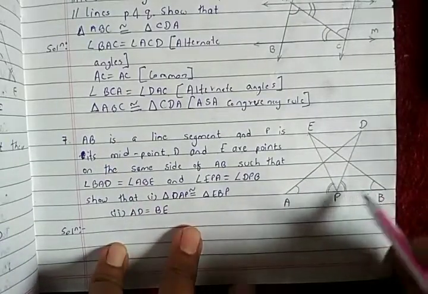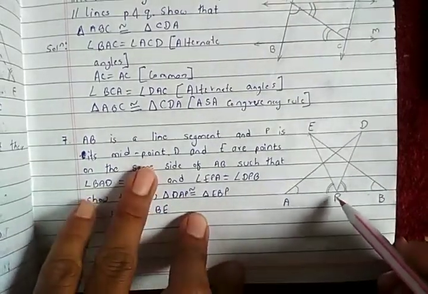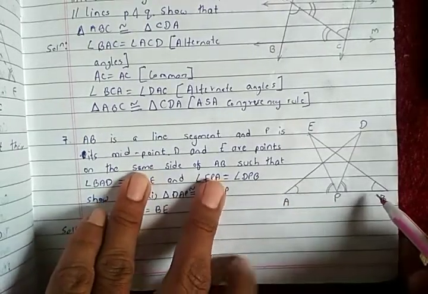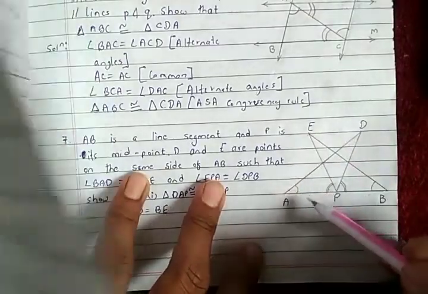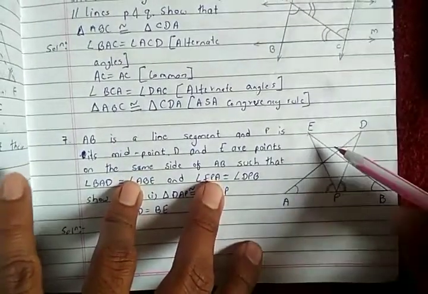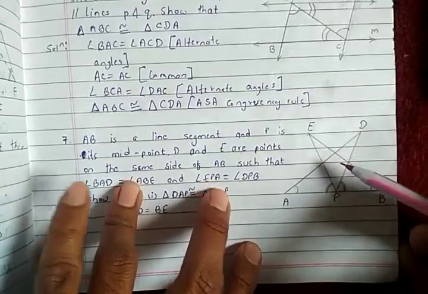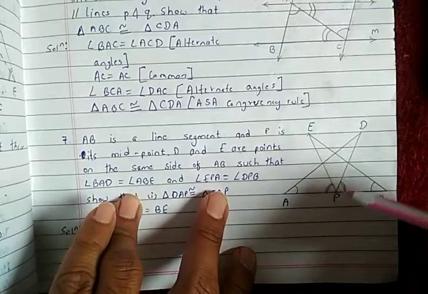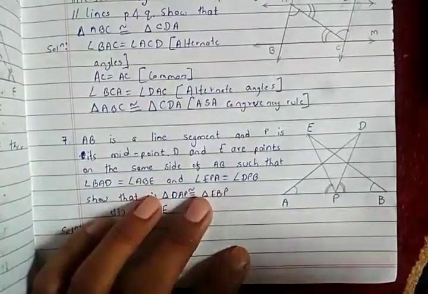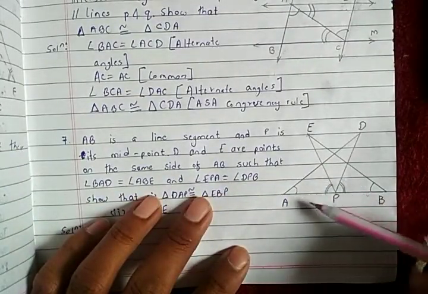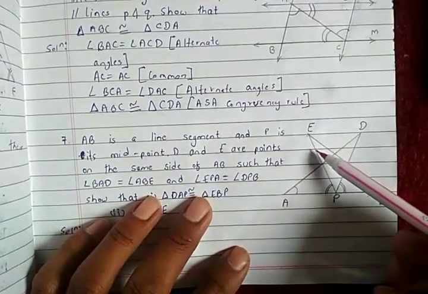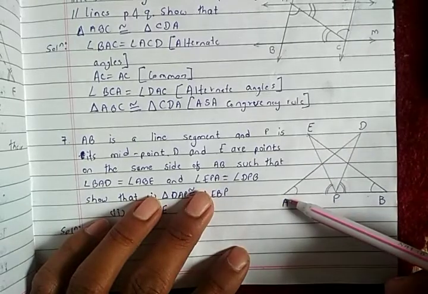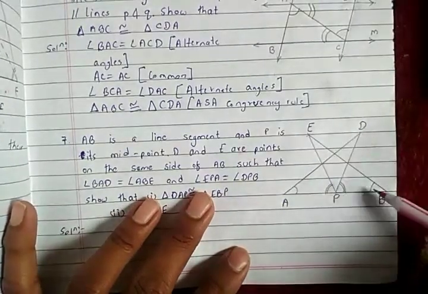AB is a line segment and P is its midpoint. That means distance AP is equal to distance PB, and D and E are points on the same side of AB, both on the same side, such that angle BAD is equal to angle ABE and angle EPA is equal to angle DPB, right?